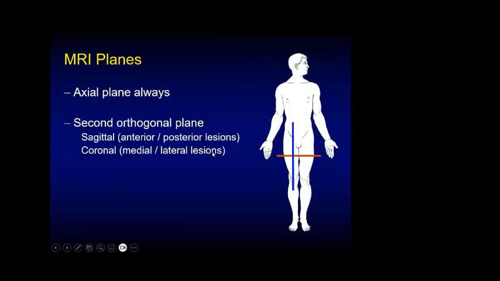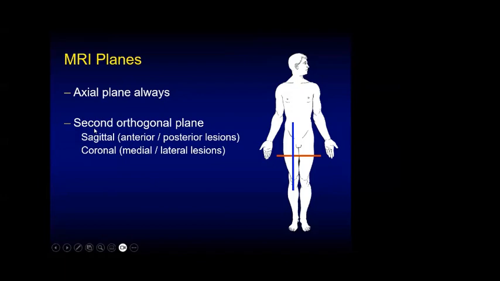The other thing with MRI technique for soft tissue tumors is choosing the plane. Axial plane is always included in the protocol. So axial T1 and axial T2 fat saturated sequences are always present in the protocol. Now, how do you choose the second orthogonal plane?